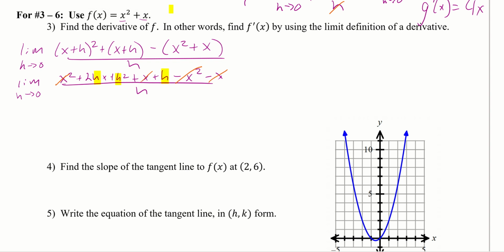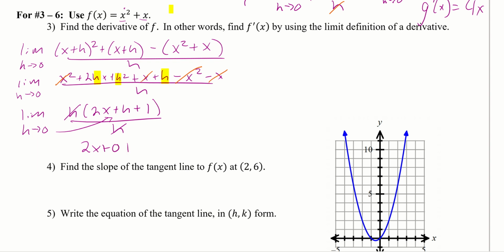So one way that you might see it sometimes, you don't have to do this, but they all have an h in common. So if I take an h out, I've got 2x plus h plus 1, all over h. Don't forget that 1 there. And then these guys cancel, so those are gone. When I take the limit itself, I end up with 2x plus 0 plus 1, which is going to boil down to 2x plus 1. Okay.